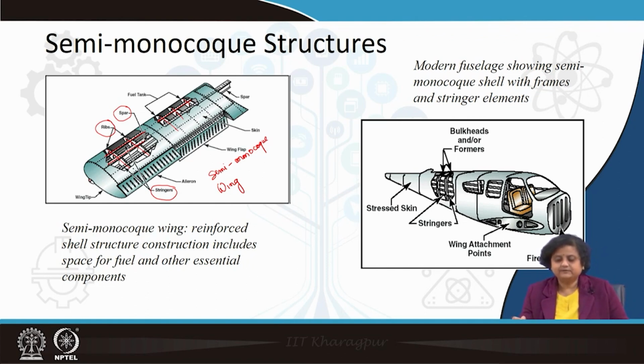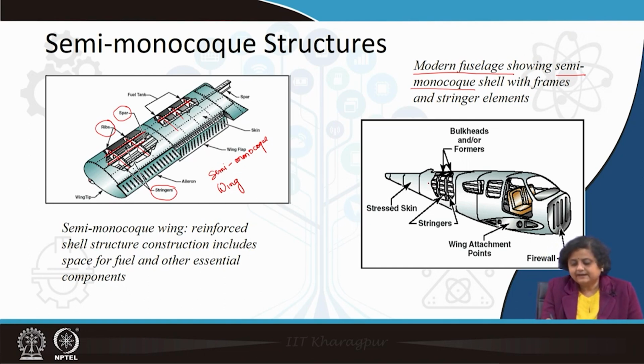On this figure, we see the semi-monocoque structure of a modern fuselage. Here also you can see that there is a skin, which forms the outer layer of the fuselage, gives the aerodynamic surface and reduces the drag. But if you look inside the skin, you will again see longitudinal members running through the length of the fuselage, and then there are transverse members.